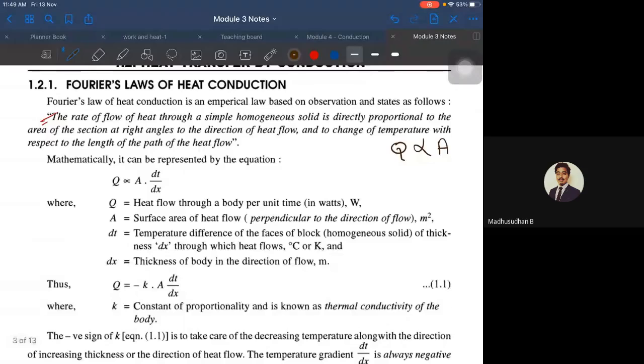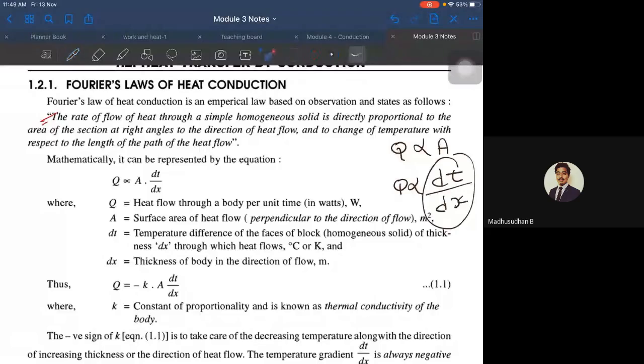Change of temperature is the change in temperature from the hotter body to the colder body, dT, and it is inversely proportional to the distance between them, that is dx. So dT by dx together is called the temperature gradient. Okay, dT by dx is called what? It is called the temperature gradient. So the same thing he has given here.